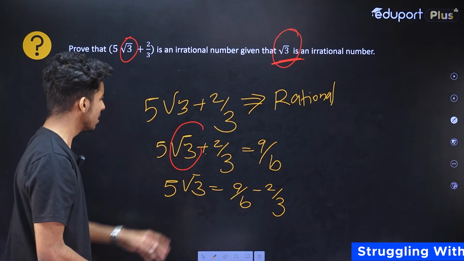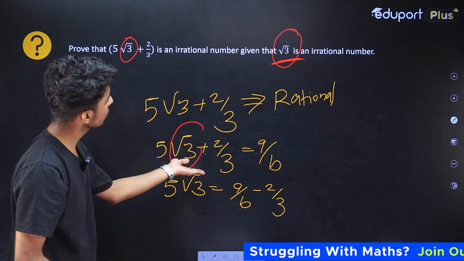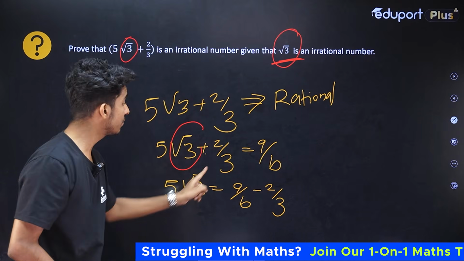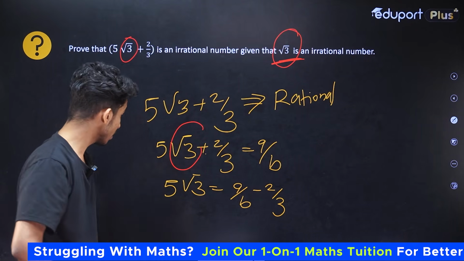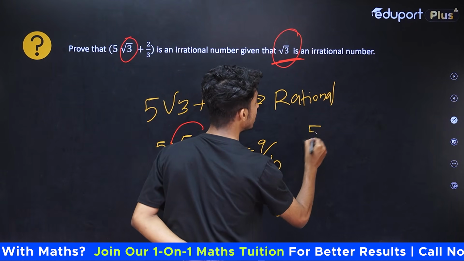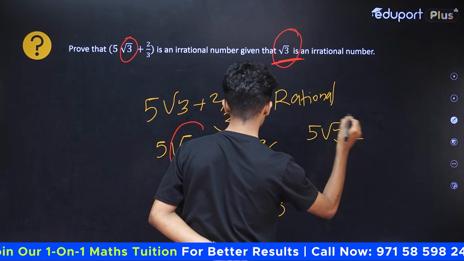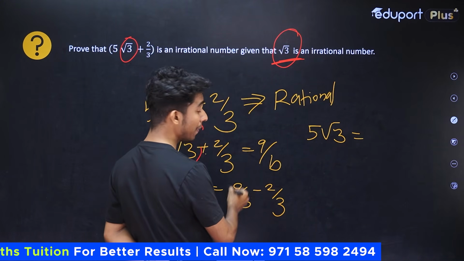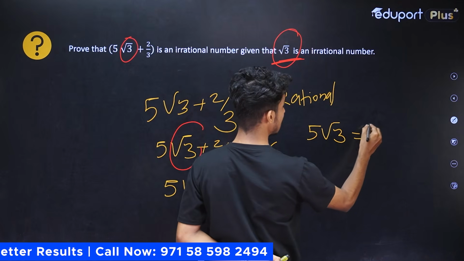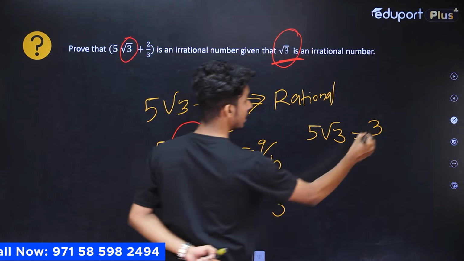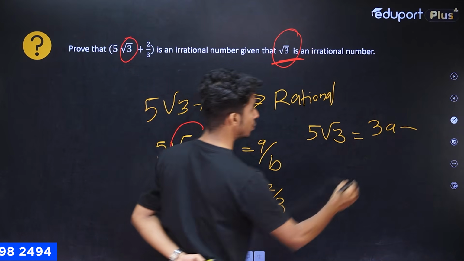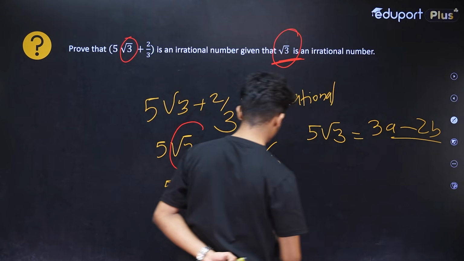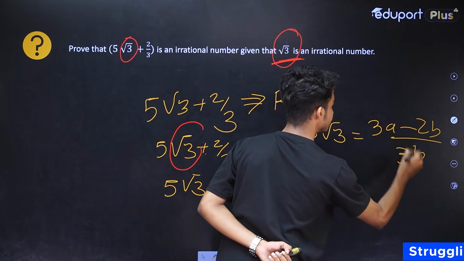What I have done is put plus 2 by 3 to the opposite side, so it becomes minus 2 by 3. So 5 root 3 equals A by B minus 2 by 3. It becomes 3A minus 2B, all divided by 3B.